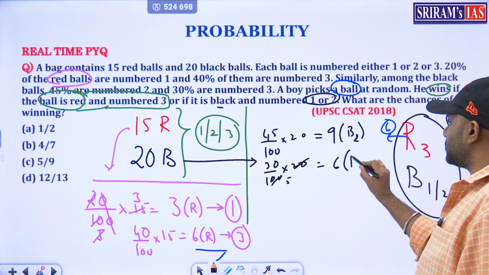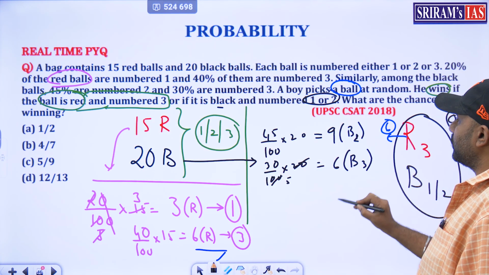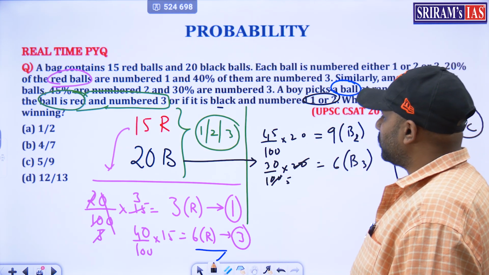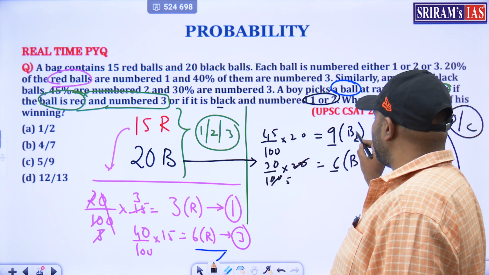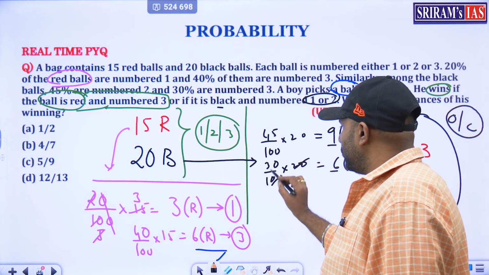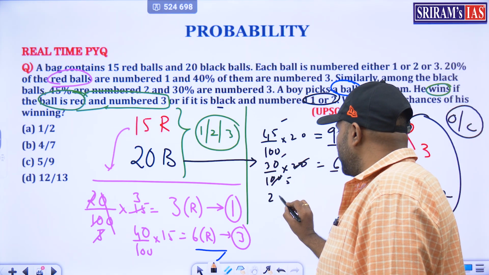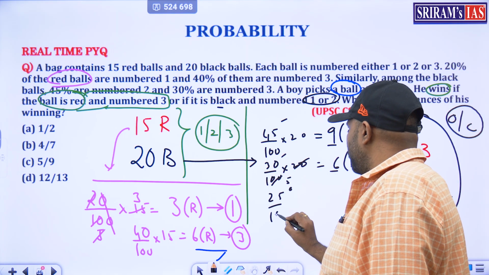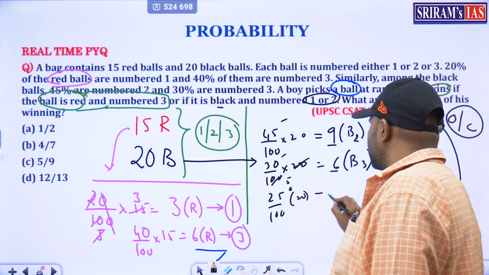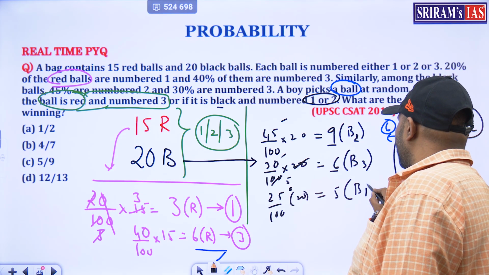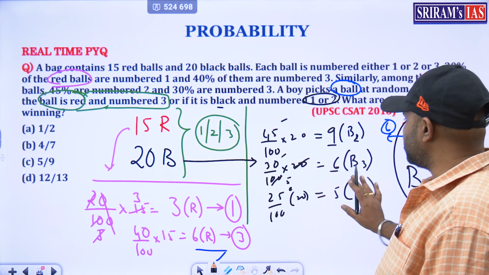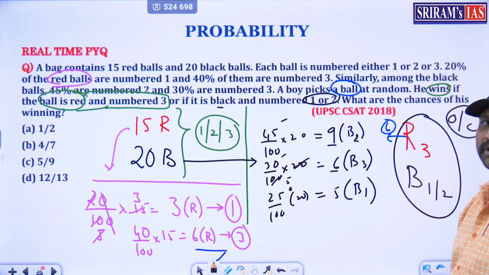So 6 black balls are numbered 3. Okay, so 45% and 30% is 75% over. That means 25%. 25/100 of 20, which is 5 balls, are black number 1. This is all the information we have.